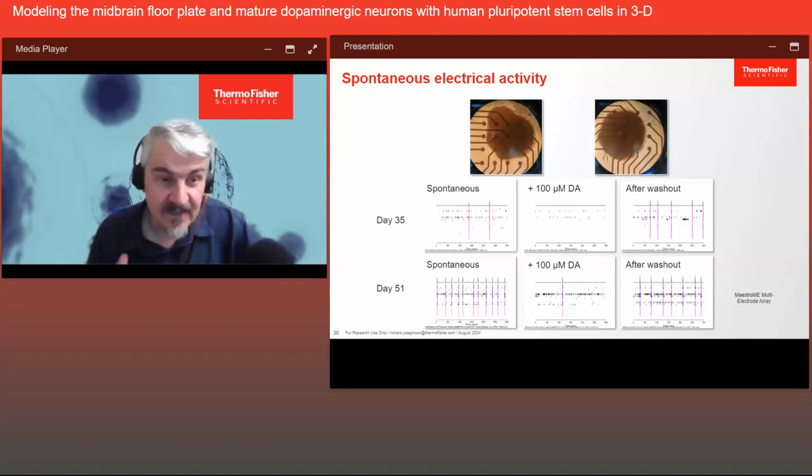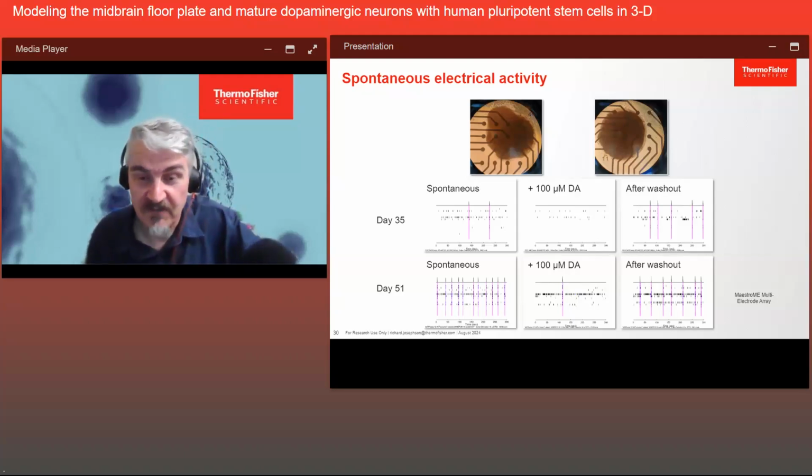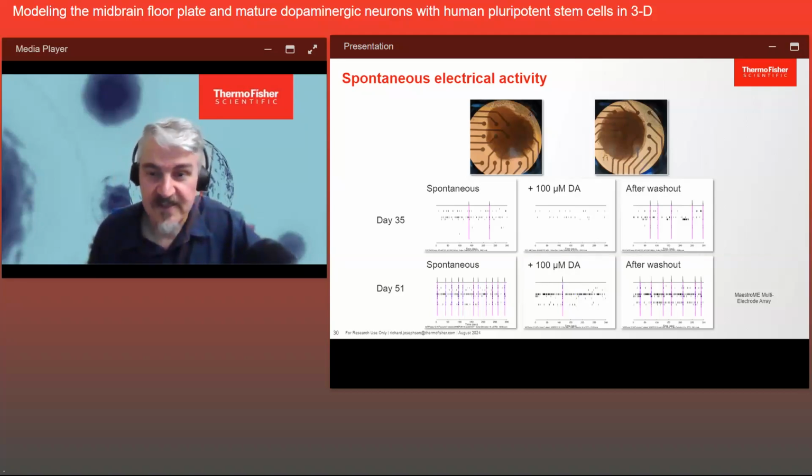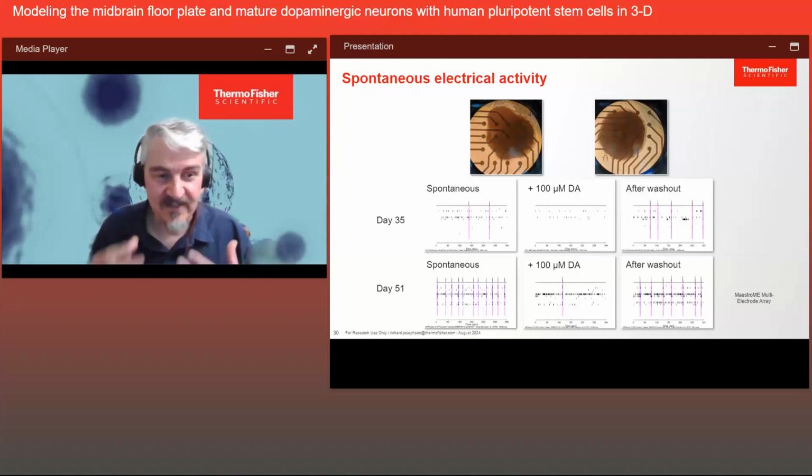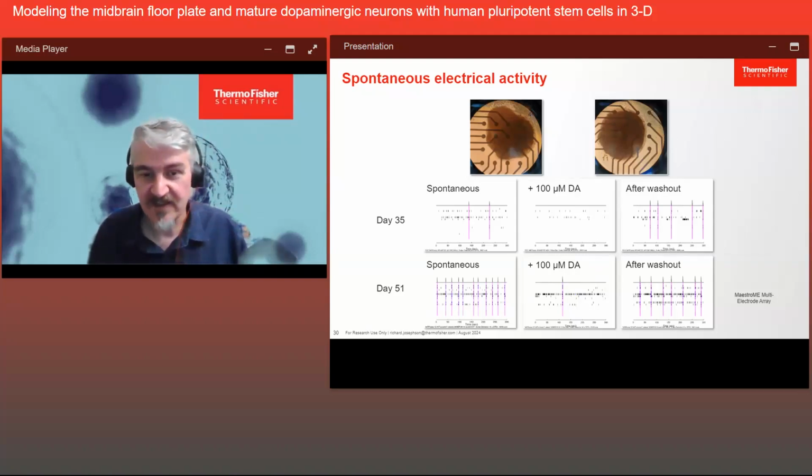That's because adding dopamine suppresses dopaminergic neuronal activity via the D2 autoreceptor. When you wash out the dopamine, in the graphs on the right, it restores the activity and the coordination between distant neurons. So this demonstrates that midbrain organoids contain a network of interacting active dopaminergic neurons.